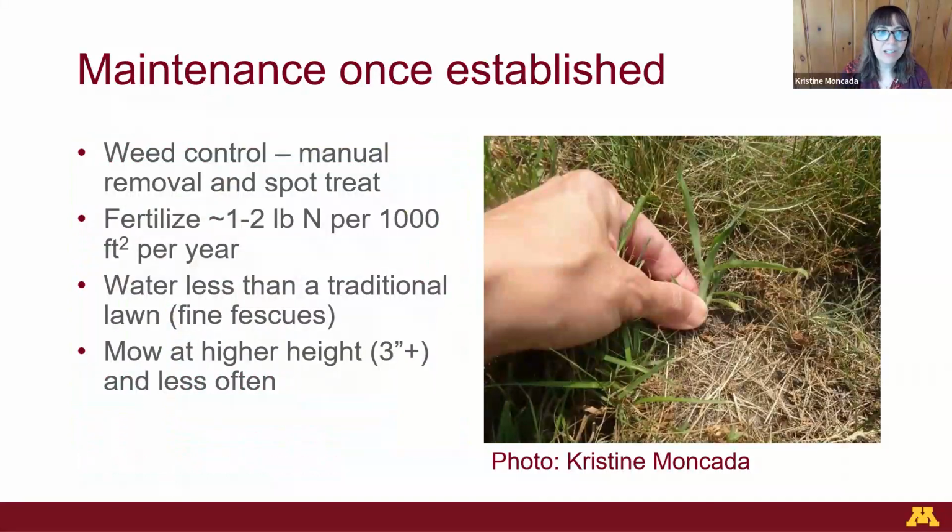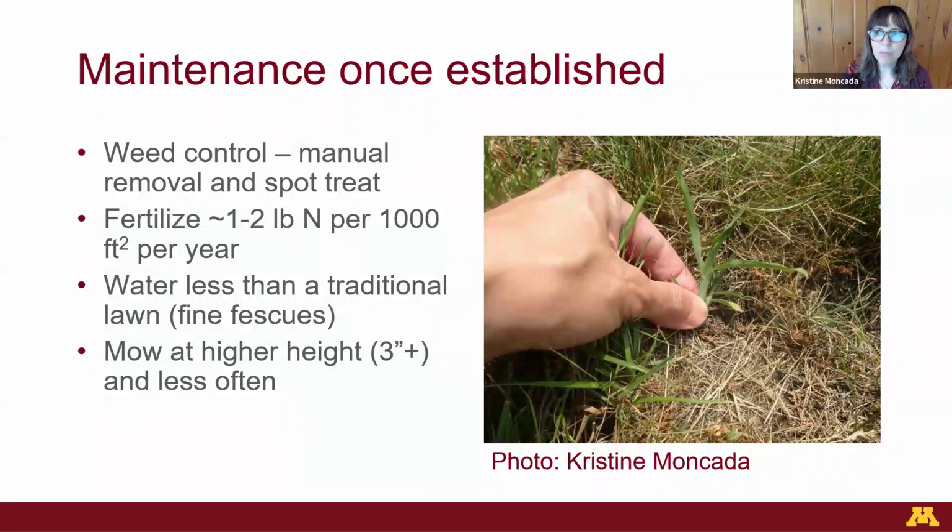Okay, so very quickly, maintenance once established. For weed control, like I mentioned, you can hand weed. You can spot treat if you absolutely need to. You can't broadcast herbicide, so you can't just put herbicides all over your lawn, because for the most part, herbicides are going to kill your flowers.